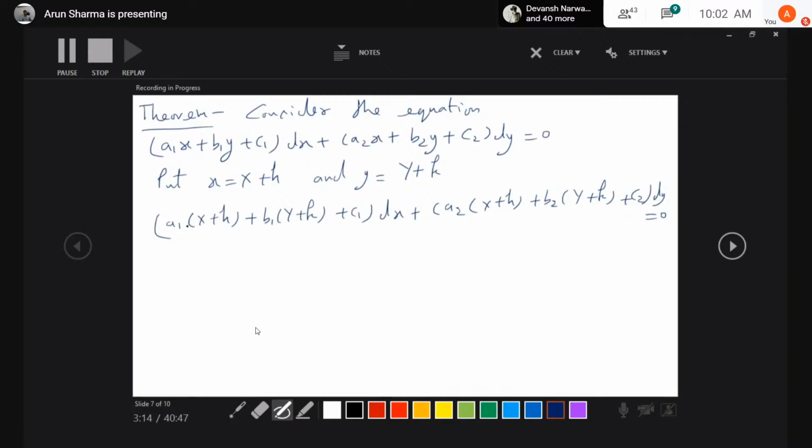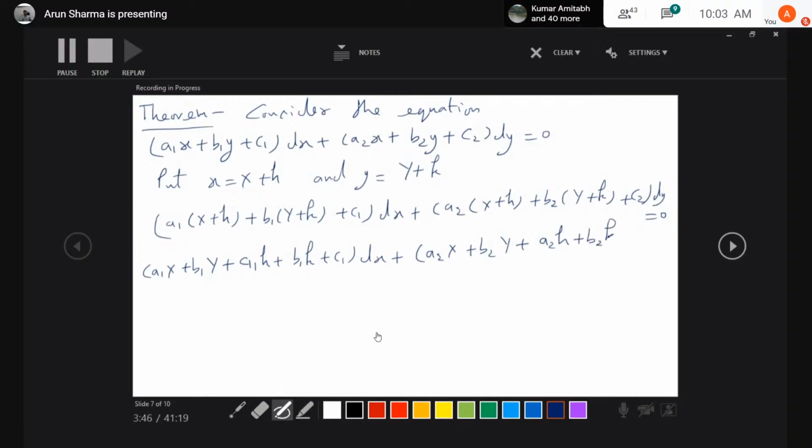So this we can write as a1X plus b1Y plus a1h plus b1k plus c1 dx plus a2X plus b2Y plus a2h plus b2k plus c2 dy equals to 0.